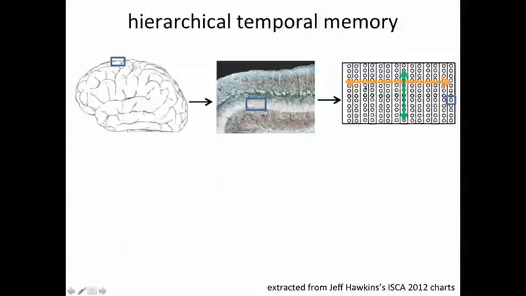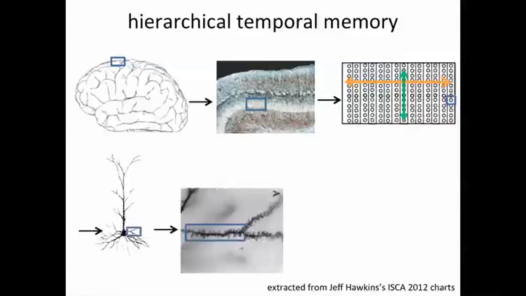The way it's organized is in bunches of neurons arranged in columns, so there's a vertical arrangement of neurons, and these neurons have connections vertically as well as horizontally across columns. That's very important. That's one element of that structure.